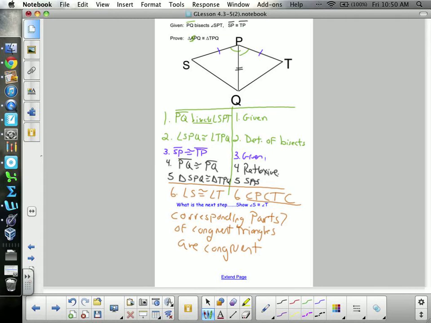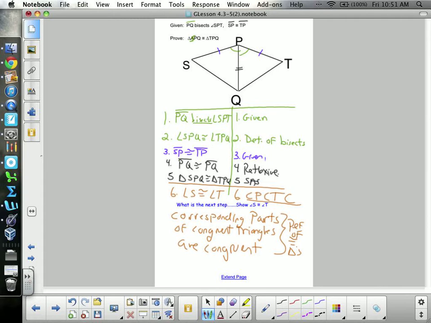And really what this is, is a definition of congruent triangles. So if you want to change it up, you could say definition of congruent triangles. That'd be okay too.